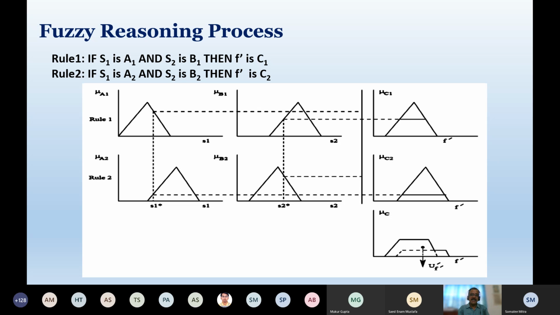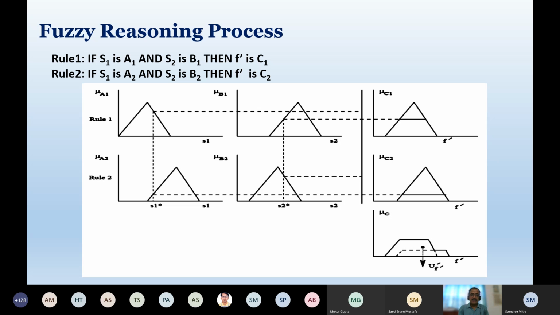Don't use small letters here in the Mamdani approach. I am discussing the Mamdani approach of fuzzy reasoning tool, where AND is not the conjunction but the operator AND, and that has to be written in capital. Please do not make this mistake, being one of my students. I've seen this mistake done by many people, but that is wrong. So the rule is: if S1 is A1 AND S2 is B1, then A prime is C1.